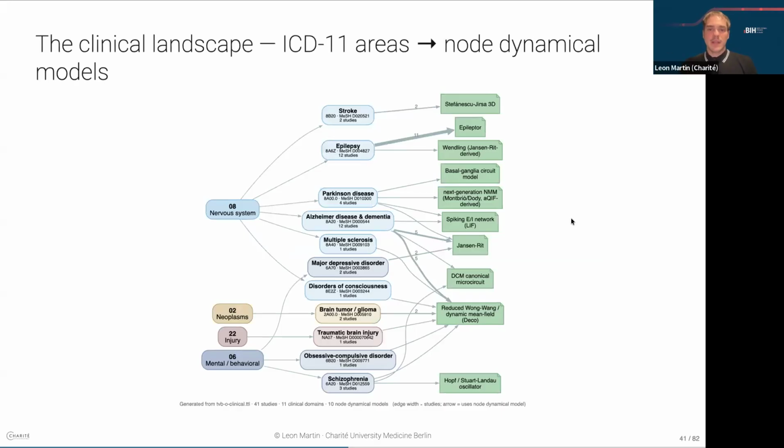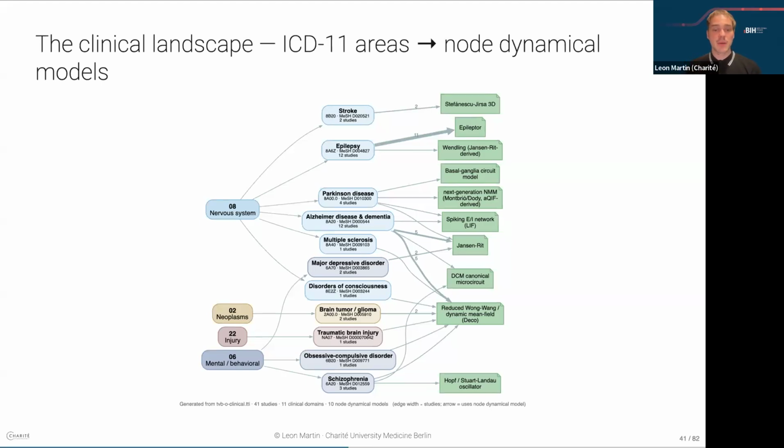What is done here already is also part of the ontology. We can analyze which studies use which model and which studies are about which pathology. So we have nervous system diseases, neurological diseases like Parkinson, Alzheimer, MS, and more: disorders of consciousness, epilepsy, stroke, brain tumors, or traumatic brain injuries.